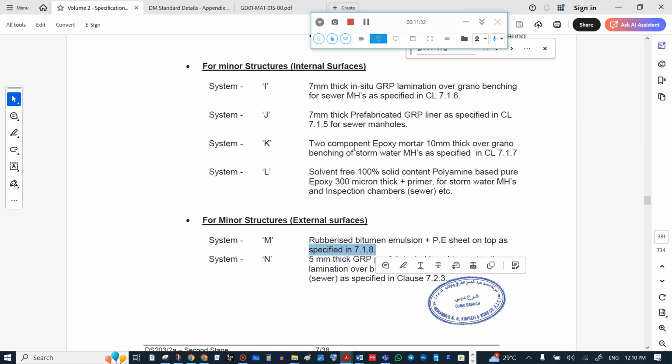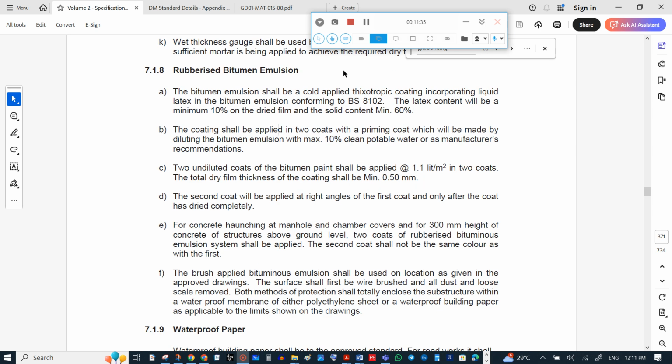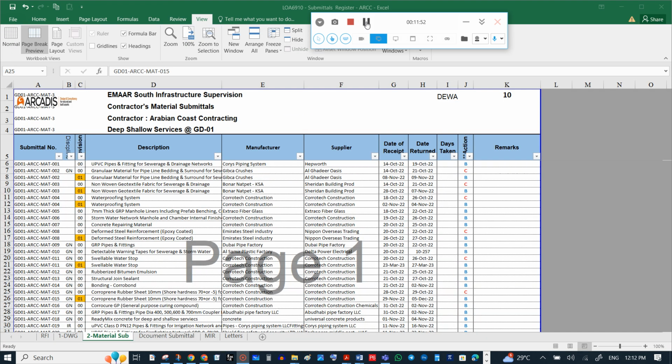718 is for the rubberized bitumen emulsion, and system M is for this one. Polythene sheet we will check in the MAR. It is not submitted, so we will check details in the table itself.